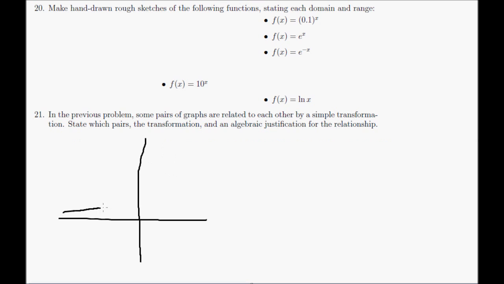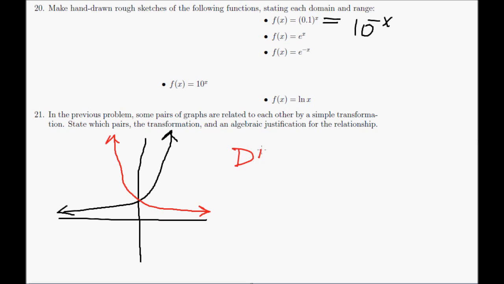It'll be a lot steeper than the graph of 2 to the x that we had. And the graph of 0.1 to the x, I'll let you verify by the same logic we had before, is the same as the graph of 10 to the minus x. So the graph of 0.1 to the x will go like this. Exponential decay going positive as opposed to exponential growth. And for both of these, the domain is all real numbers, and the range is y greater than 0.